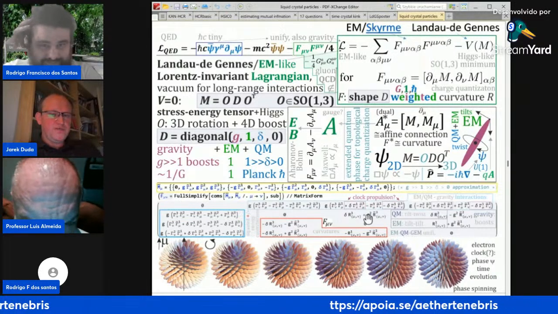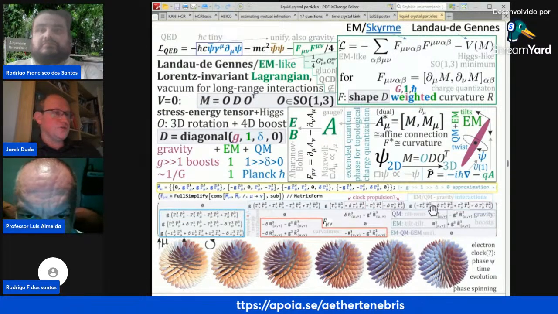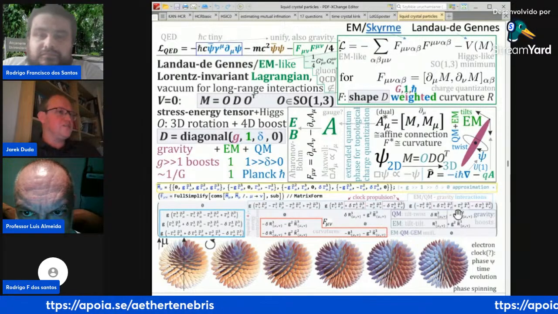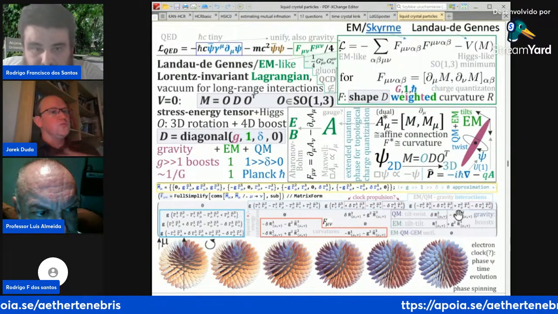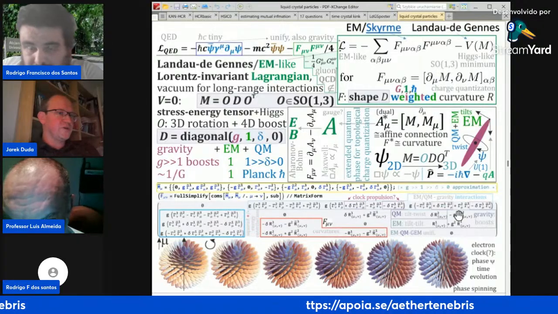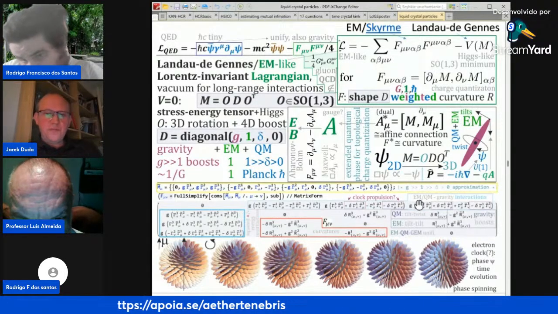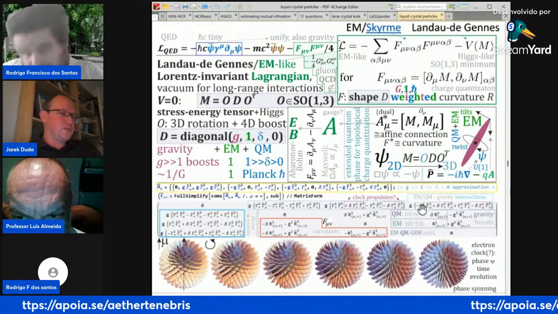The red are positive, the blue are negative terms because of the space-time signature. And these negative terms give preference for the oscillation, so a non-zero time derivative for the electron, for the neutrino. So this is crucial, and also for the gravitational mass.